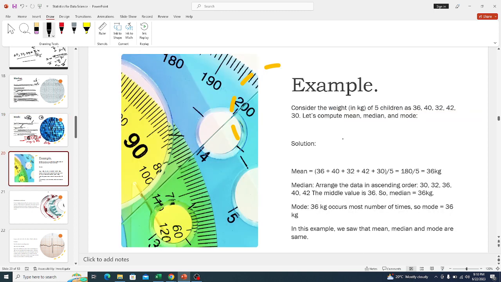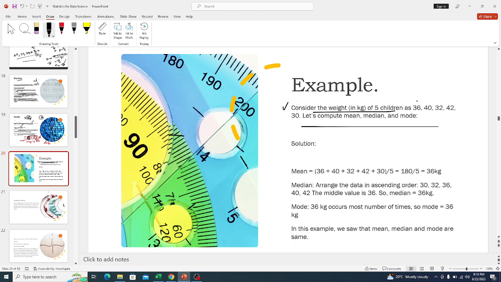All right. Then we have some examples, no problem. These examples you can go through on your own. For example, let's assume we are considering the weight of 5 children in kilograms.